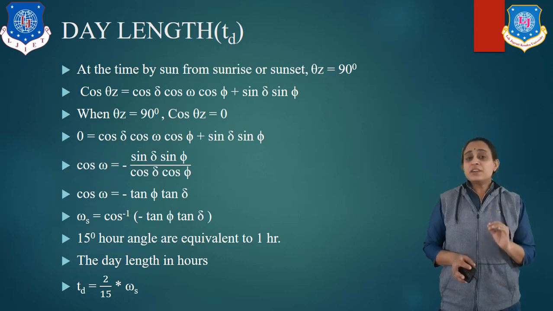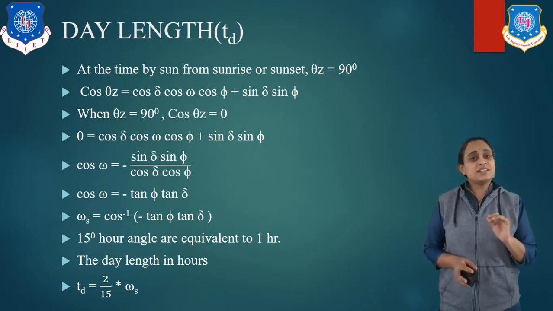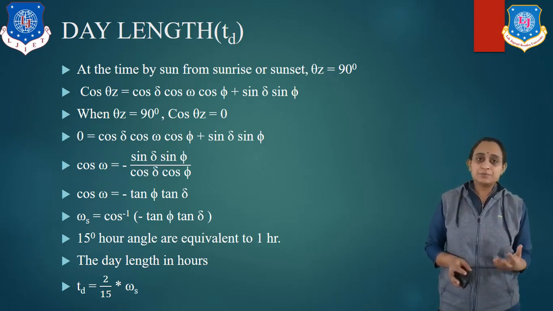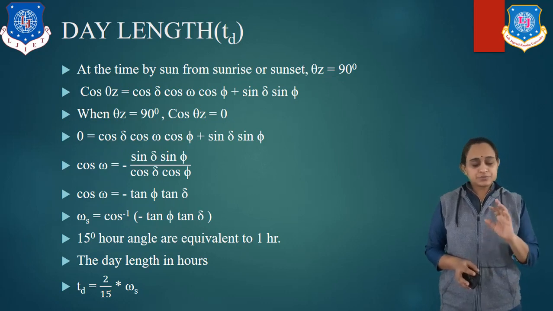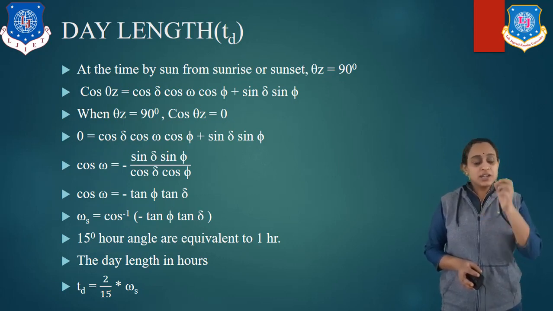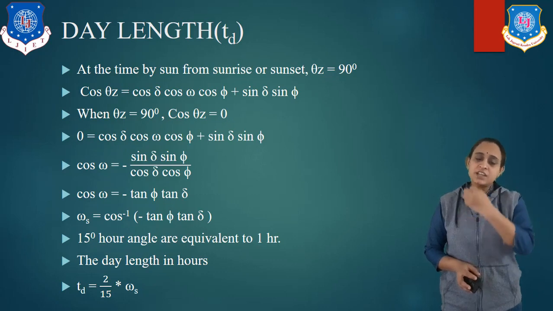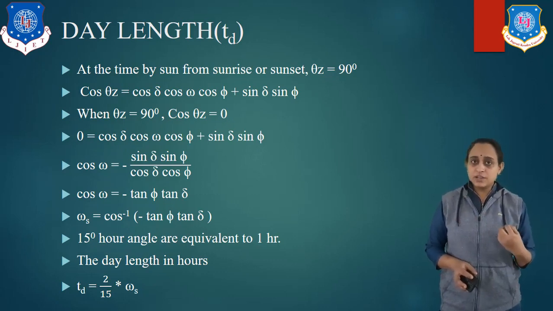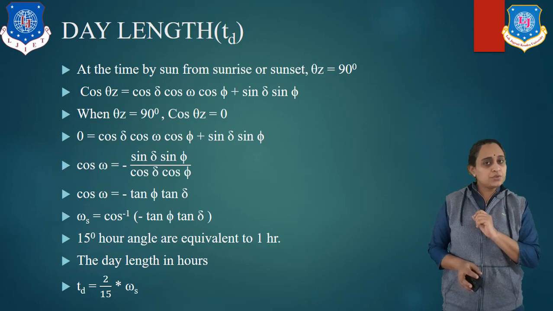Now 15 degrees is considered as an hour. How does it come? As you know, the earth rotates on its axis, and because it is roughly circular, it has 360 degrees of longitude.